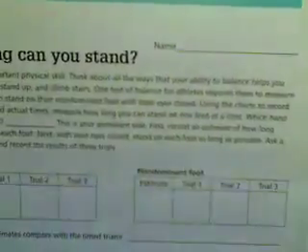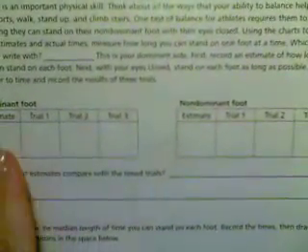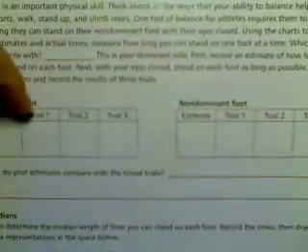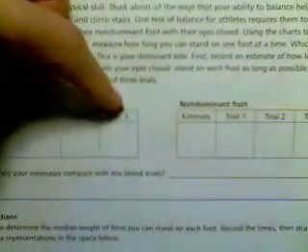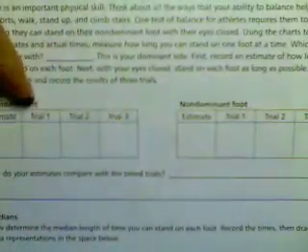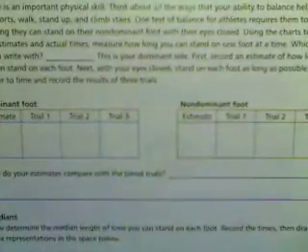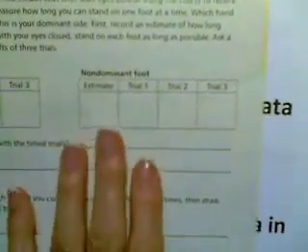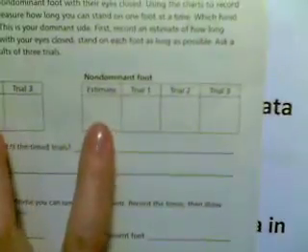They could organize their information into a table, and they could make inferences. By trying 3 times, did my time increase on the dominant foot? Or after the 3rd try, was I tired and did my time decrease? And then on the non-dominant foot, the same. And then they can compare to each other.